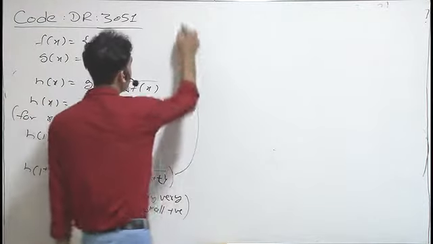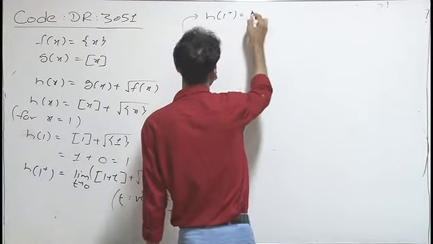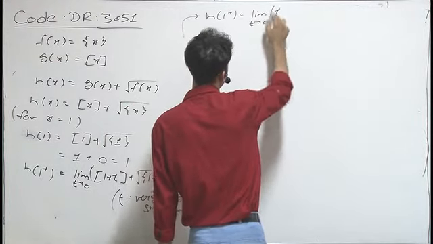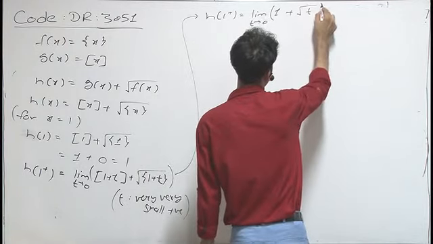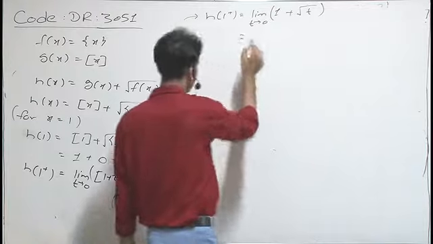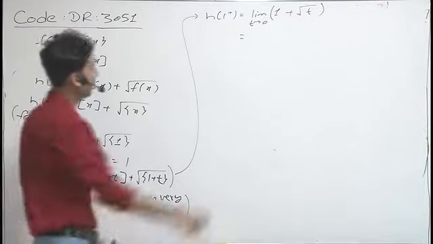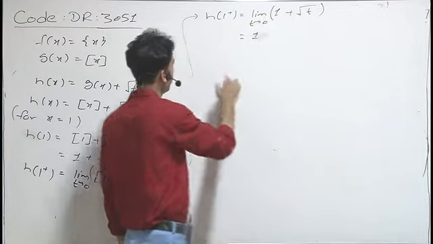It means h1 plus gives us limit t approaching to 0, and here we have 1 plus under root of t, because this number is slightly greater than 1, and it means the right hand limit gives us 1.